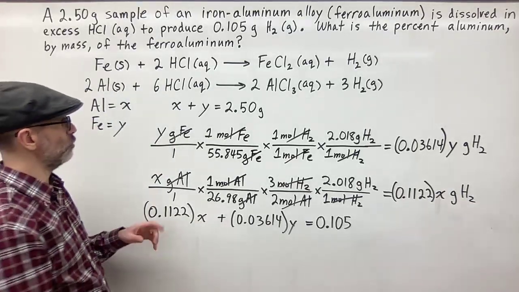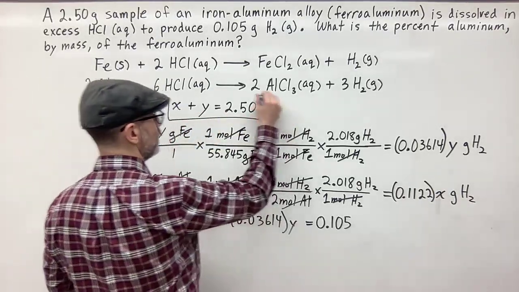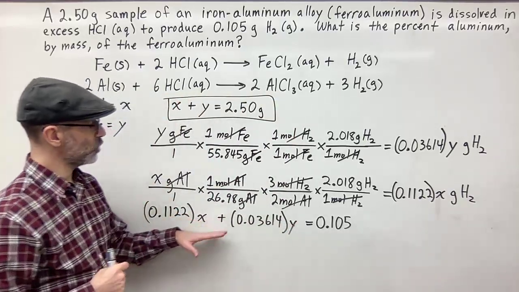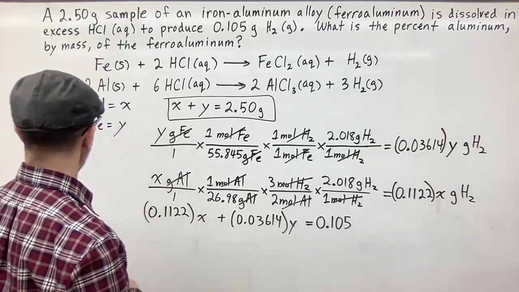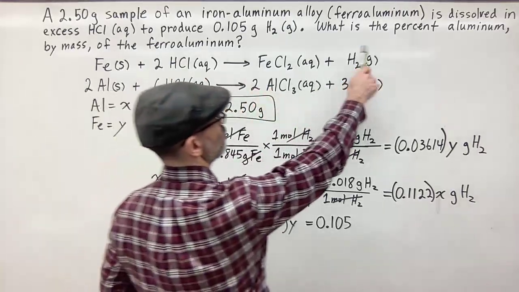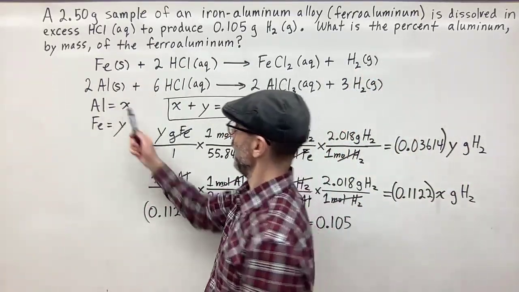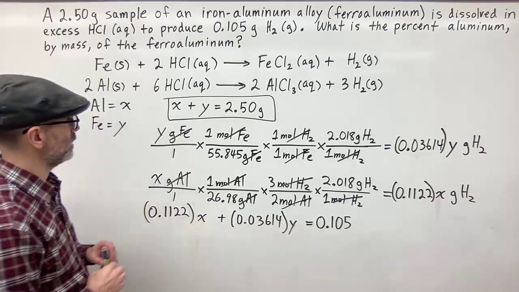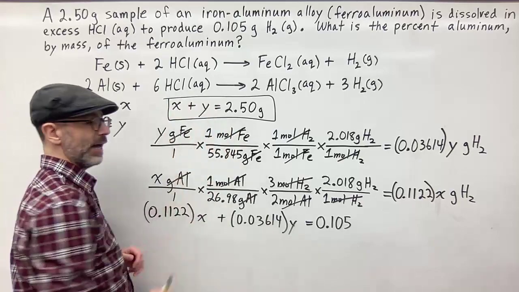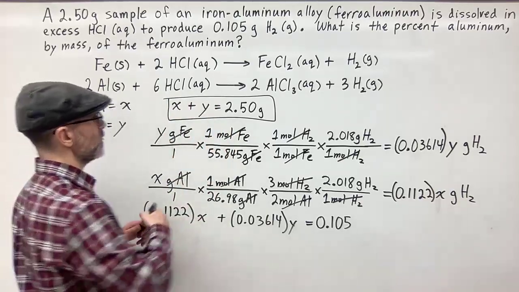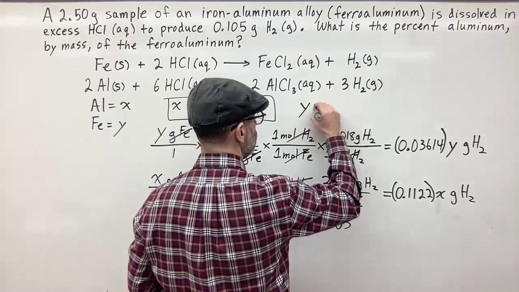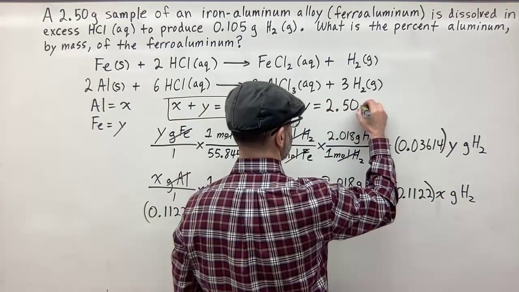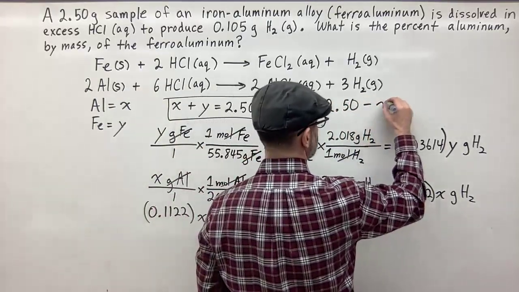So now I have this equation and I have this equation. All I have to do is solve for the missing part. What do I want to find? They want me to find the percent aluminum. Which one is aluminum? X. So I want my equation in terms of X. That means I'm going to solve the first equation for Y and substitute it into this equation. So Y is going to be equal to 2.50 minus x.